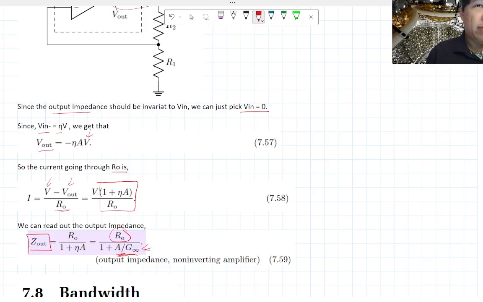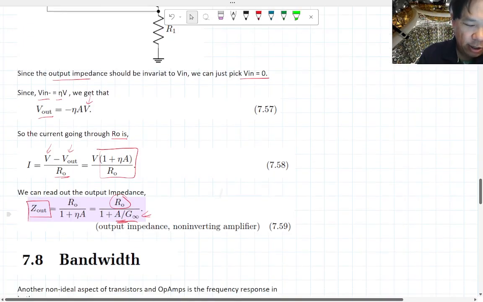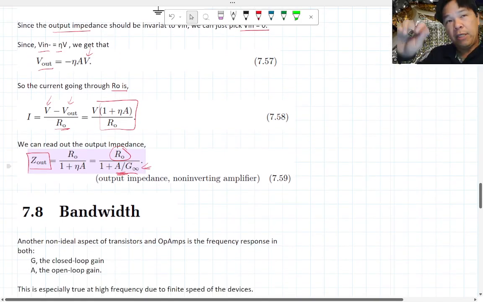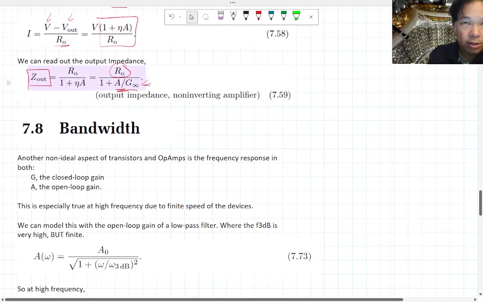The example we keep giving is that A over G infinity is 10 to the 4. So if RO is 10K, it knocks it down by 10 to the 4, therefore it just gets to 1 ohm. So that's very useful. You have an output impedance that's almost 0, because you're using an operational amplifier.